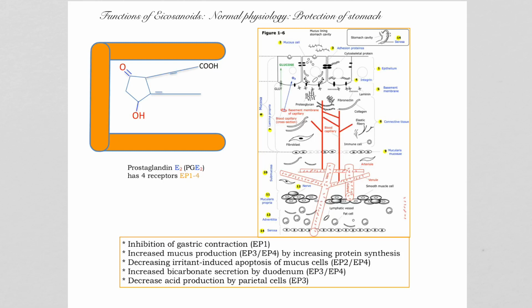So other ways by which the stomach is protected is increased bicarbonate secretion by the duodenum. Prostaglandin causes more bicarbonate, and of course bicarbonate helps neutralize the acid. And importantly, it also decreases acid production by the parietal cells.